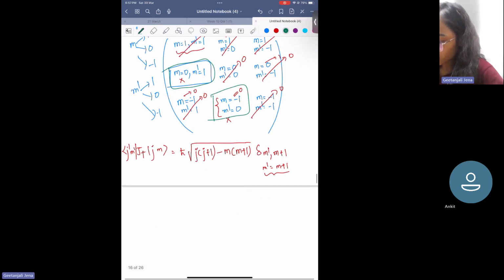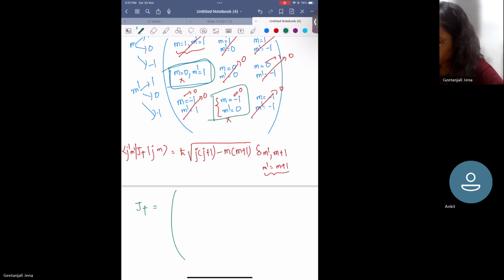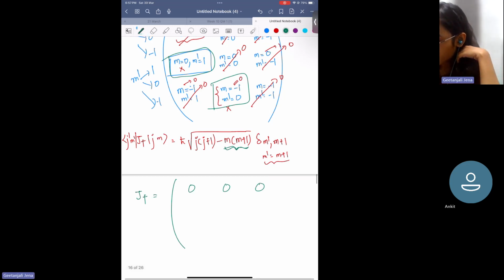So now let us see what are their values. So that means j plus is 0, 0, 0. And this one is m is 0 and m prime is 1. So m is 0 means this term will become 0 and j is 1. So that means you will get h cut root 2 here.